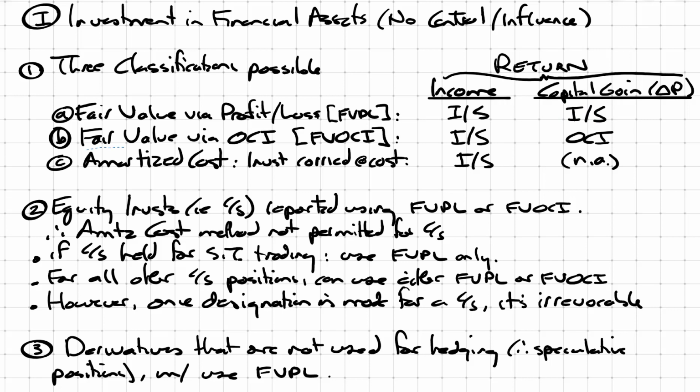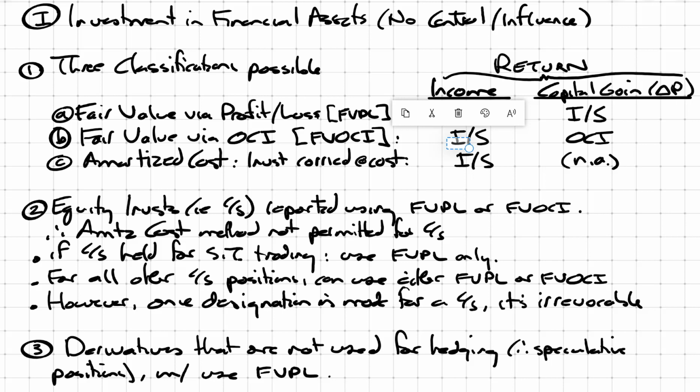Now, the second choice to account for these financial securities is using fair value via OCI, or other comprehensive income, and there's the abbreviation right there. And as we indicated previously, when it comes to income, there's no issues with regards to subjectivity.